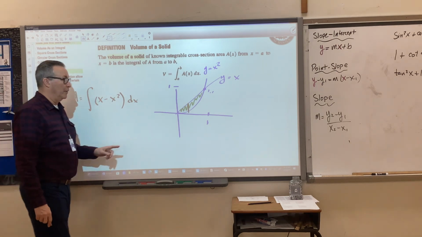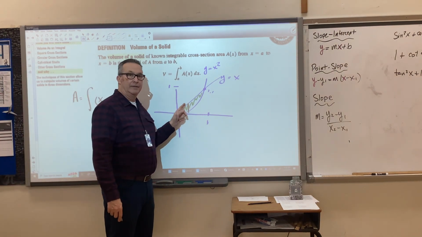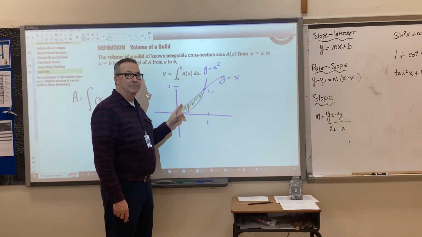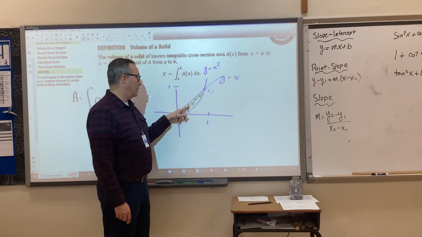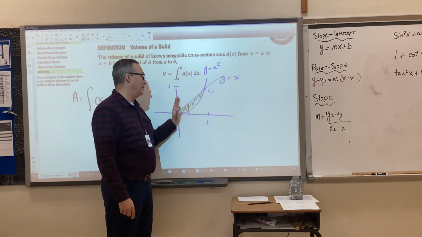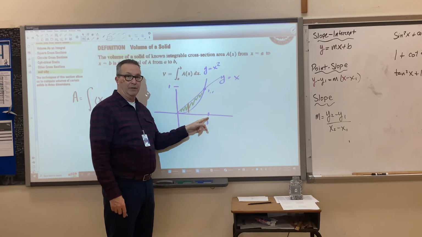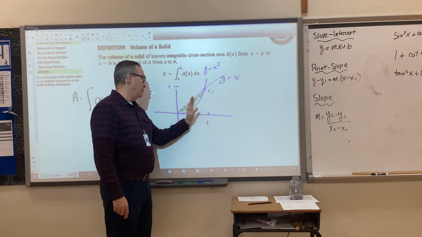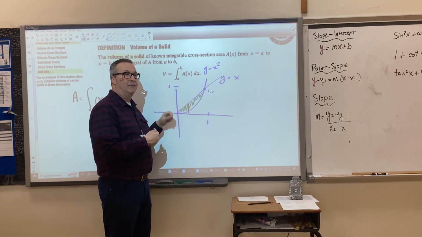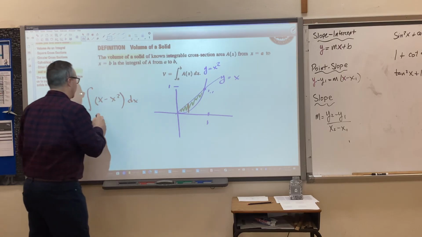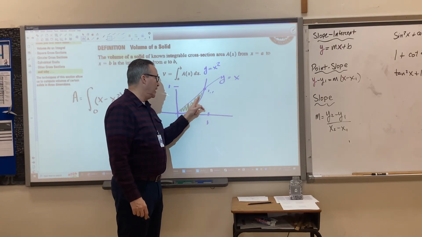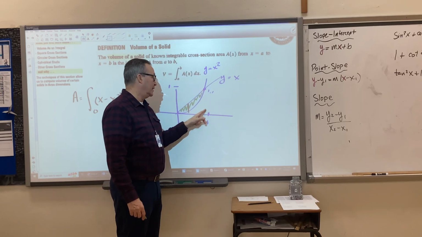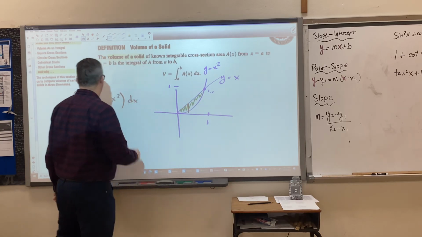Okay. Now this is important. We look at the rectangle in the sketch of the graph, and rectangles move side to side. Rectangles are perpendicular to the x-axis, so we're going to use x values for your integral. And the smallest x value is the x value to the furthest left of the shaded area, 0. And if you take the shaded area all the way to this end, the x value at this end is 1.